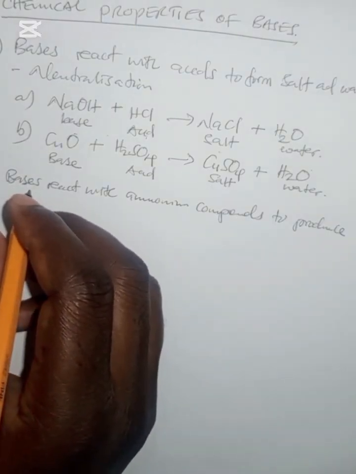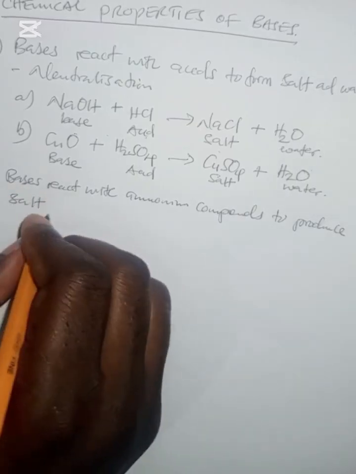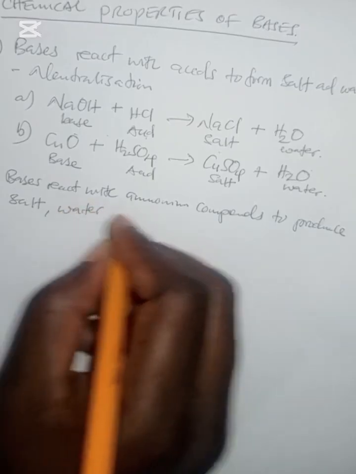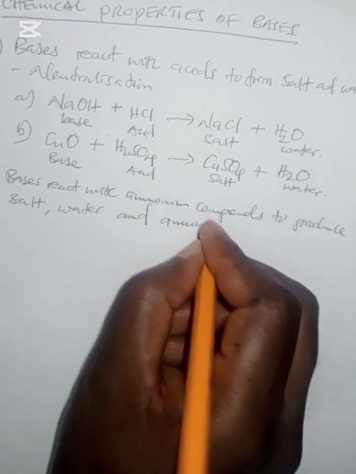What are those products that are being produced? We have salt, we have water, and ammonia gas.